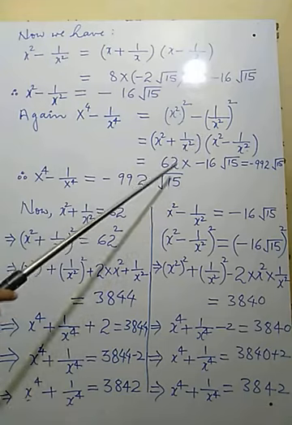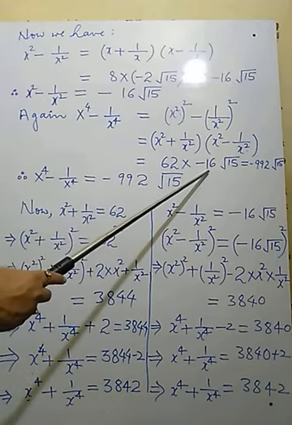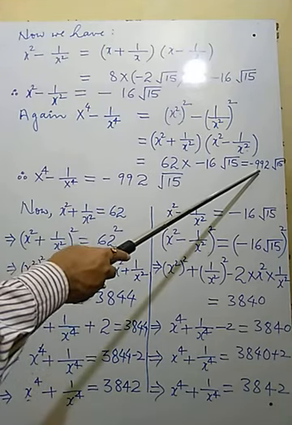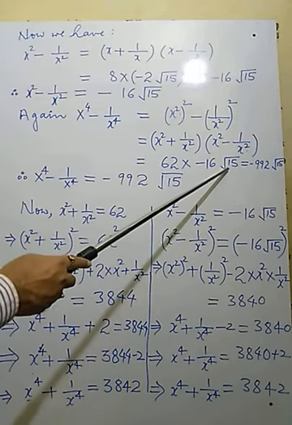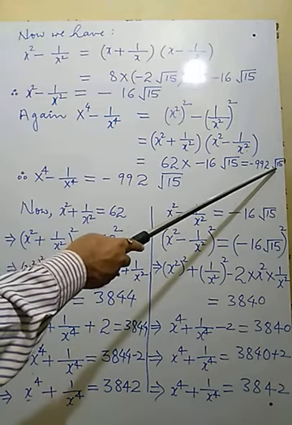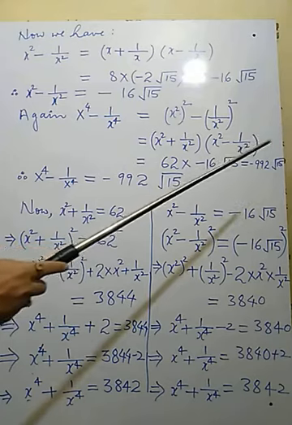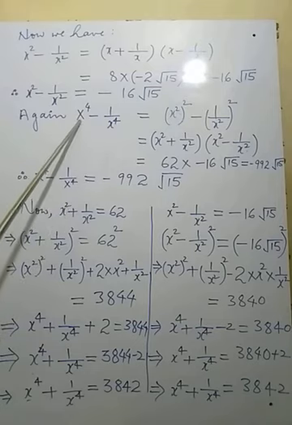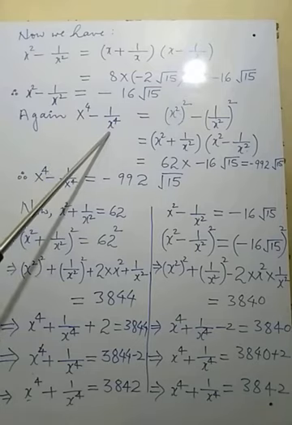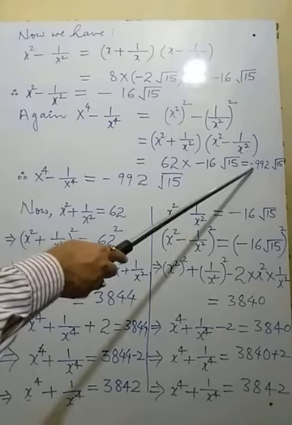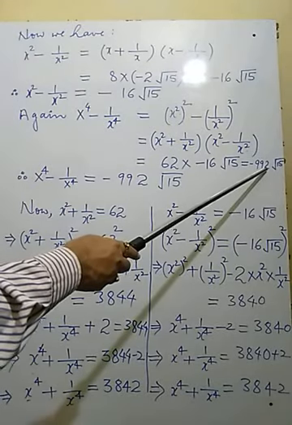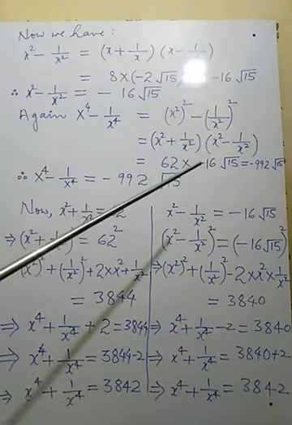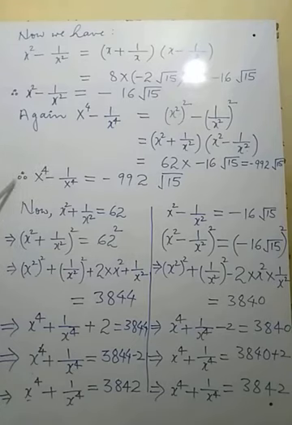If you multiply 62 into 16, that will come 992, and root 15 is already there, so root 15 will be noted down as it is. It means the value of x square minus 1 upon x, x to the power 4 minus 1 upon x to the power 4 is minus 992 root 15. So this will be noted down in a single line.